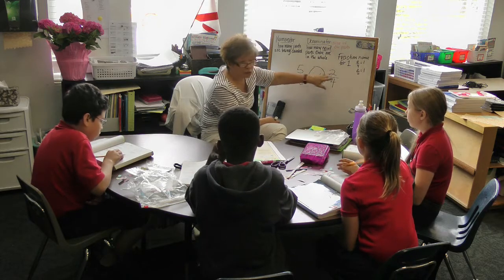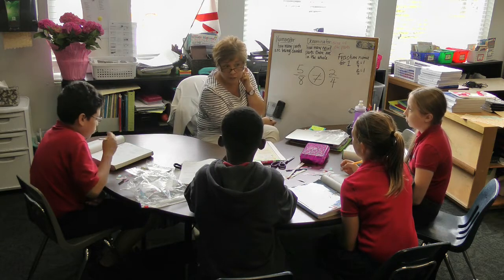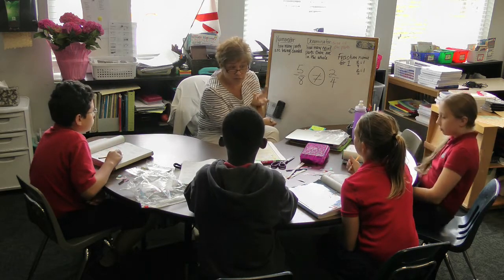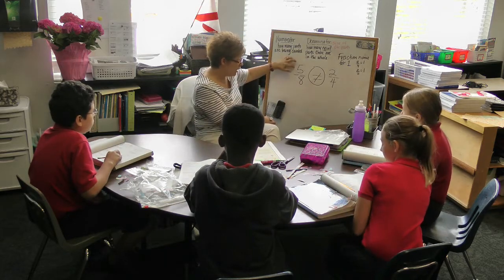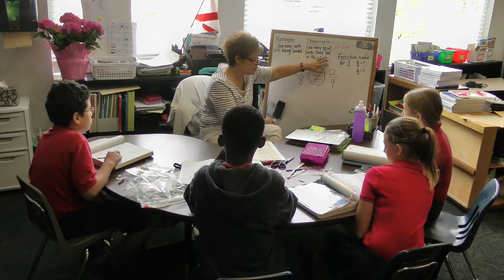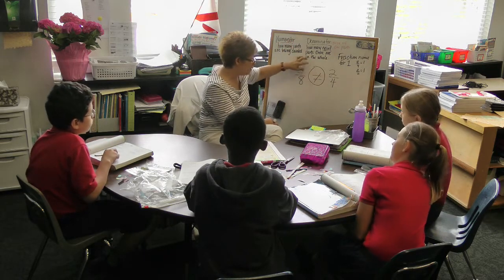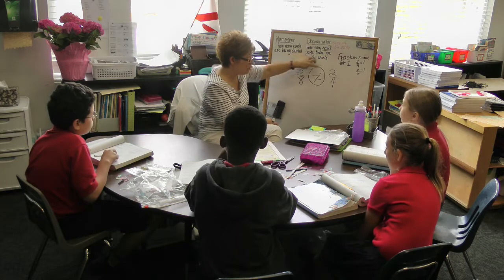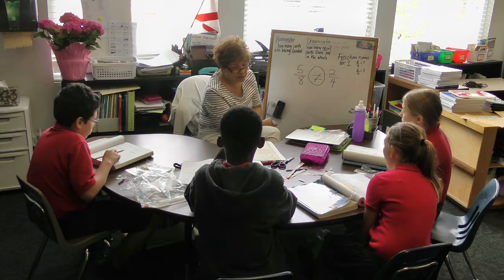You work backwards, and I also heard you say the word divide. Remember, the inverse of multiplication is division, so you could have gone this way. 5 divided by 2? That won't work. But 8 divided by 2 is 4, and since you know that 5 is not a multiple of 2, immediately you would know that they're not equal.